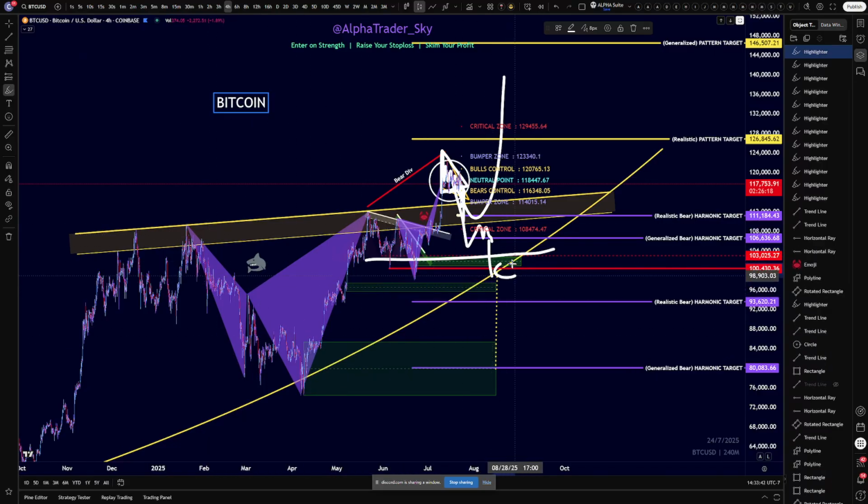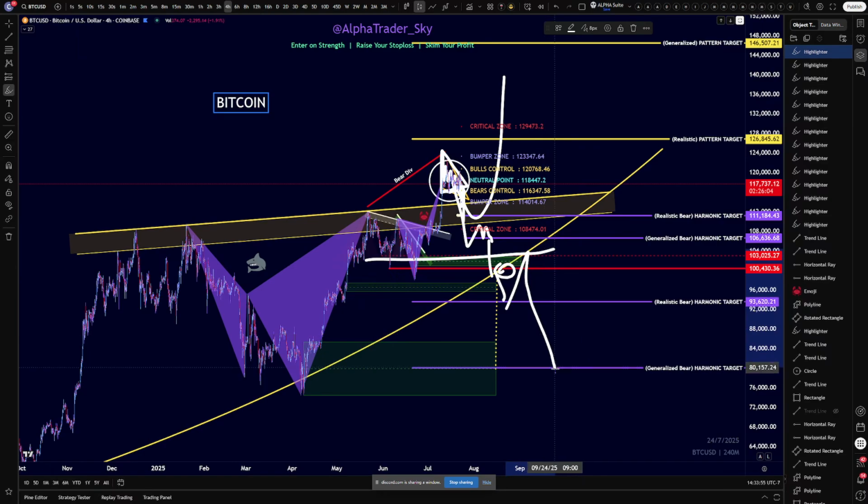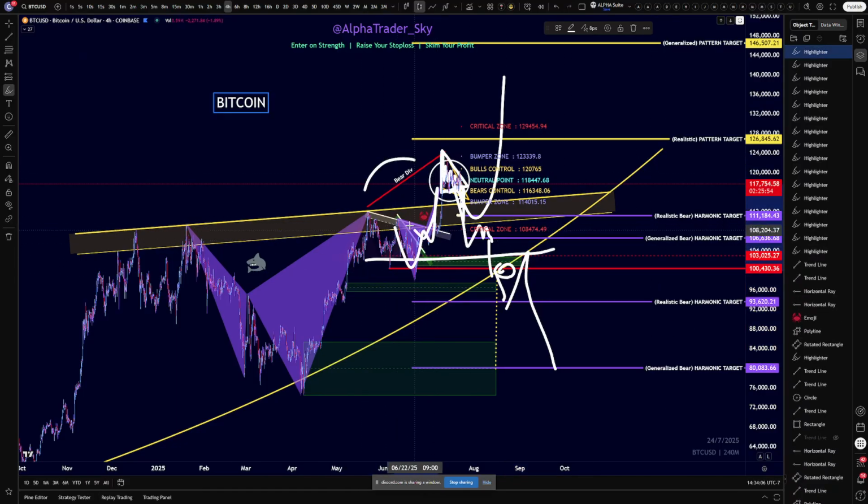And I do think that if we ever lost 100,000, just my personal expectation is that not only are we going to see 93,000, but we may have some ping pong action or whatnot, and probably we're going to come down to this $80,000 area, and then we're going to have to play it by ear from there. So again, this bearish drive here, along with this baby bearish crab harmonic, plus that distribution wedge formation, it's just a little bit ominous.